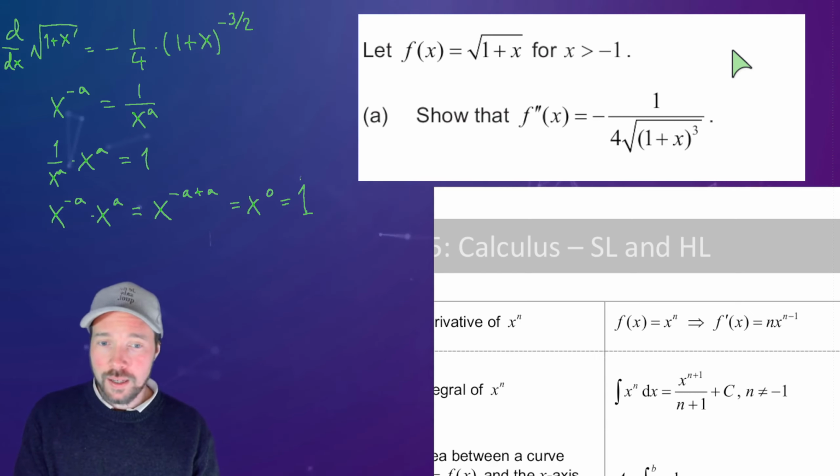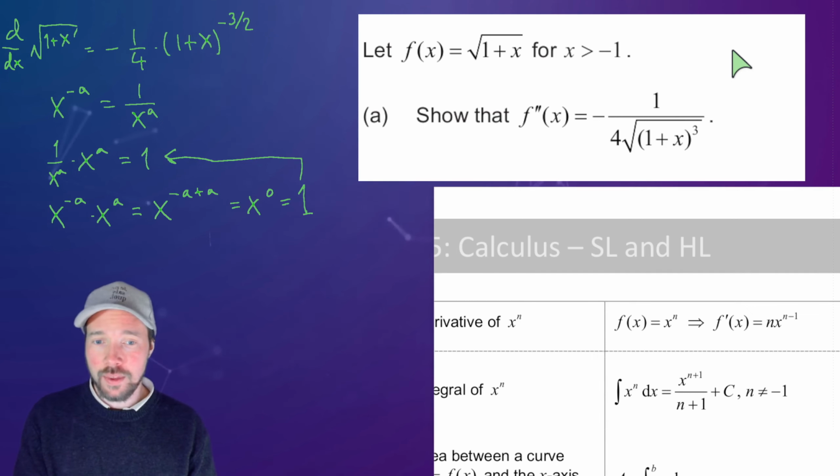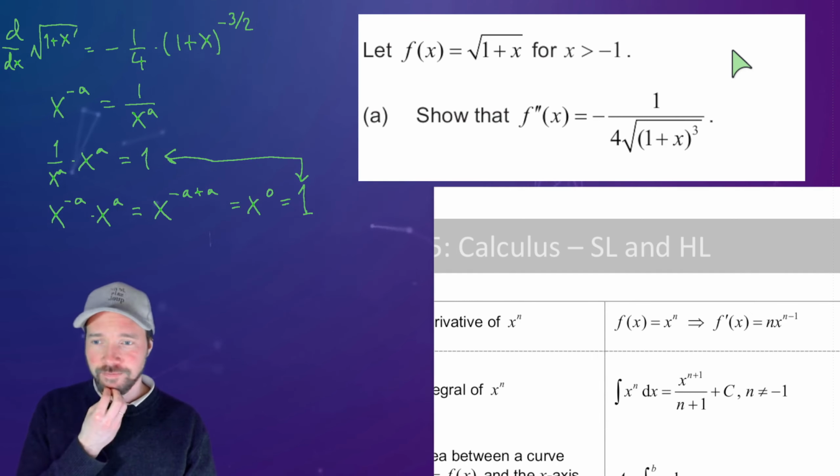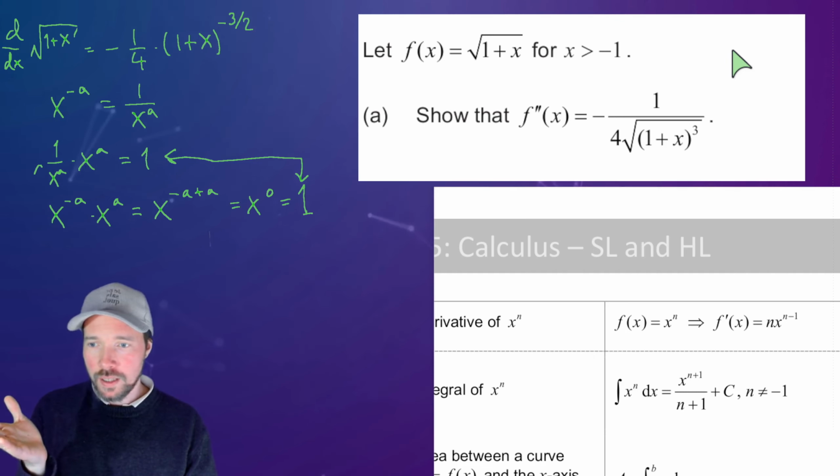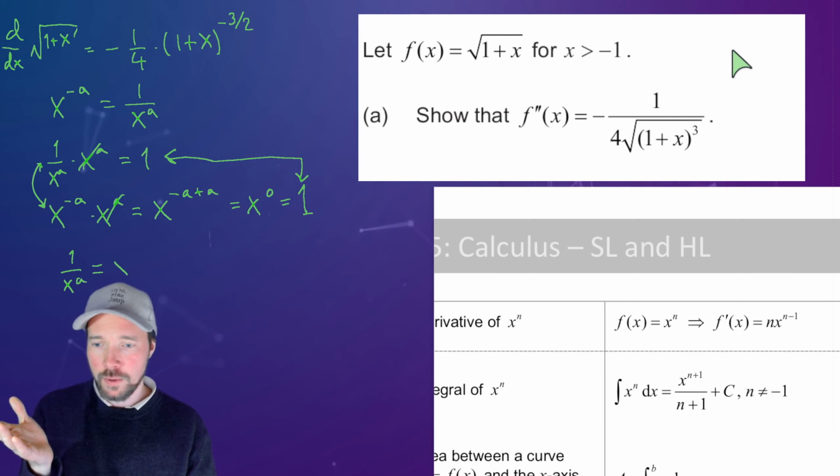Okay, and so that means that this is the same thing as this. And now this means that these are the same thing. And so cancel this term, and you get that 1 over x to the power a is equal to x to the power minus a. Ta-da!